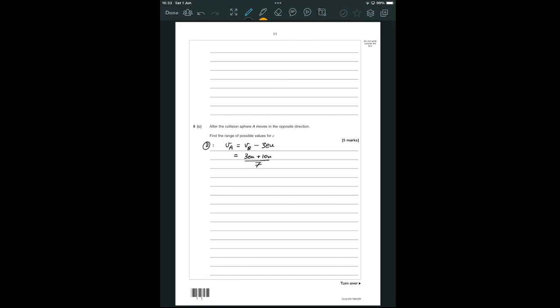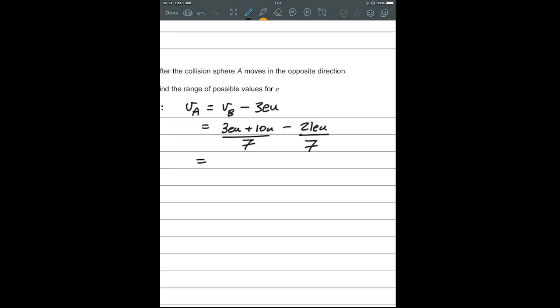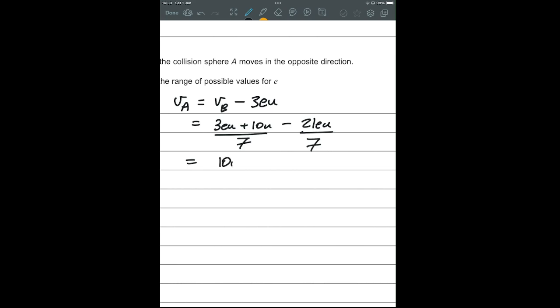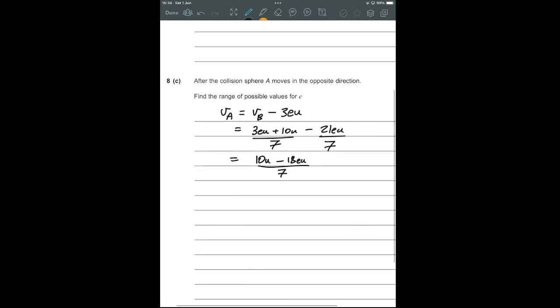Well, that was a show-that of the question above. I'm going to also write this one over 7 as well. So therefore, va, the 10u doesn't change, but then I'm subtracting 18eu over 7. And now we bring in the opposite direction.